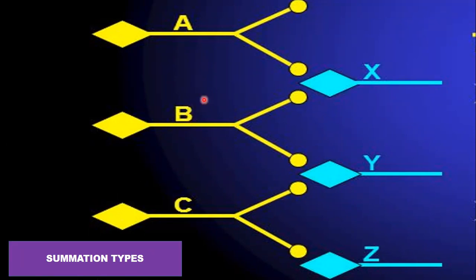And if A and B are discharged at the same time, the two areas get depolarized and an impulse will be produced in X.